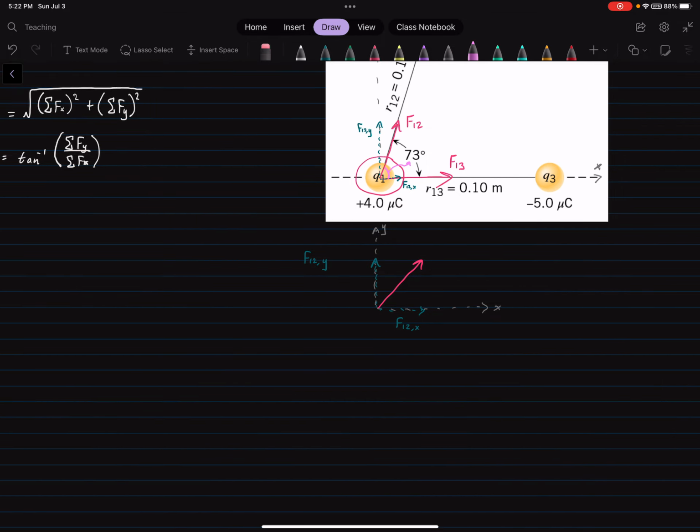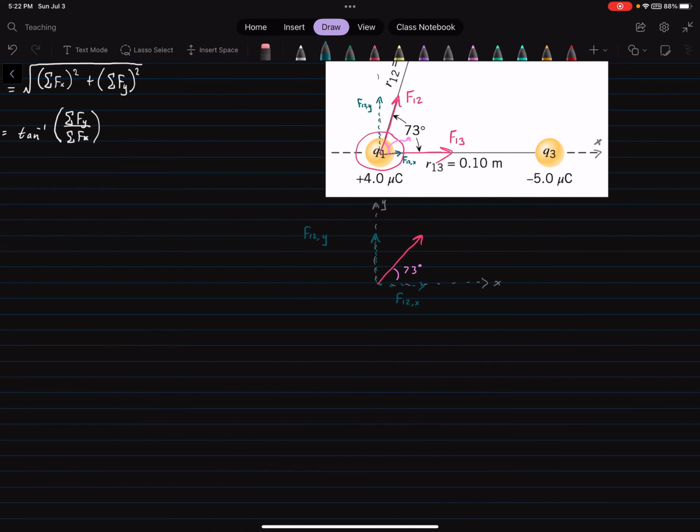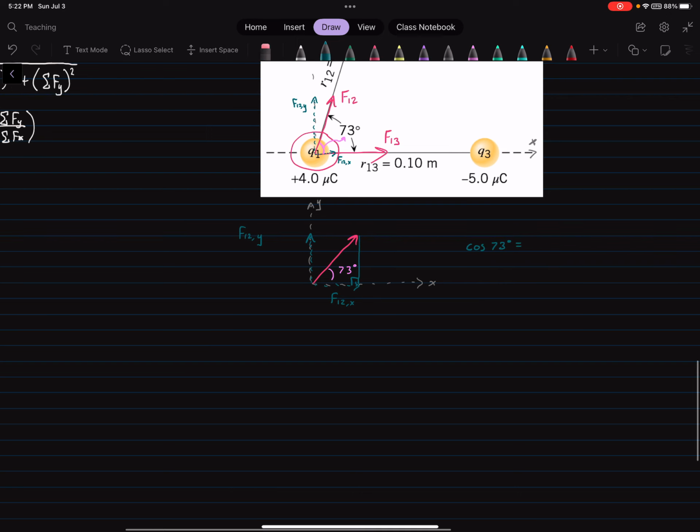So if this angle is 73 degrees, then how can we figure out what each of these components are? Well, this is a right triangle you can consider, right? And so cosine of 73 degrees is going to be equal to adjacent over hypotenuse, hypotenuse being the full F12. And so cosine of 73 degrees is equal to F12 in the x direction, that component vector, divided by F12.